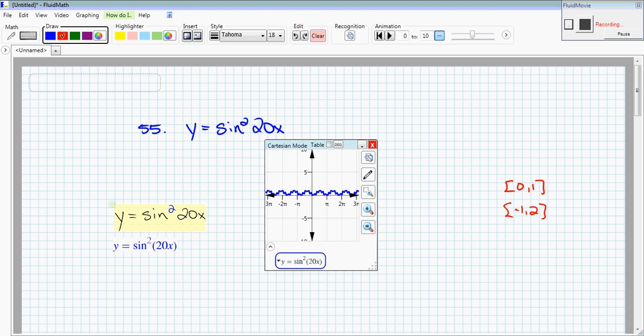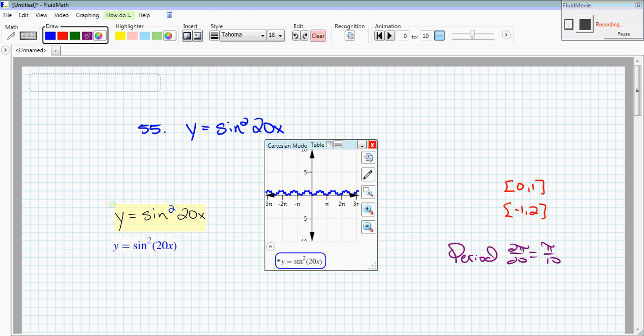So the period in this case, 2 pi divided by 20, is now pi over 10. So what we've done is we've reduced this period by a factor of 20.